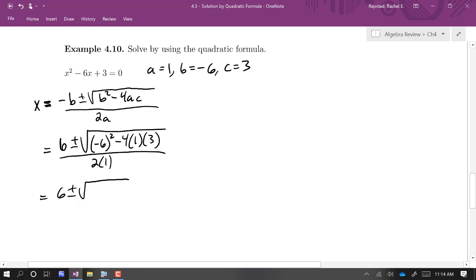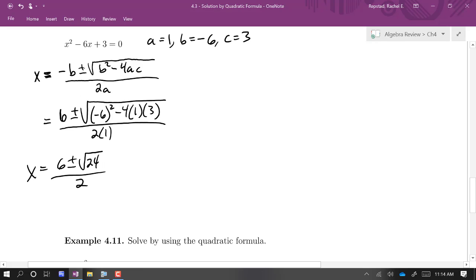So 36 minus 12 is 24. And we can actually simplify further because 24 as a radical can be simplified. 24 is 4 times 6, so it's 2 squared times 6.